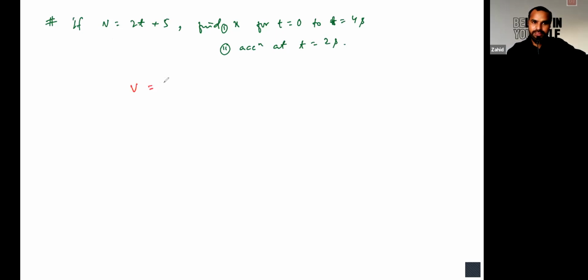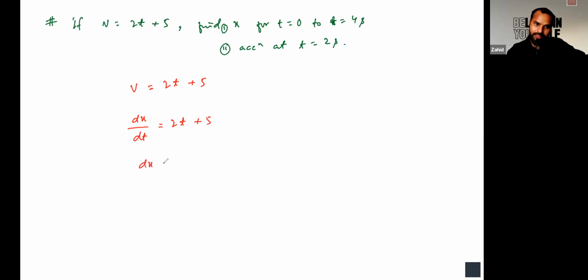We have velocity equals 2t plus 5. As we discussed in the last class, velocity is nothing but dx over dt. So dx over dt equals 2t plus 5. We have to derive this dx, so bring dt to the right side.